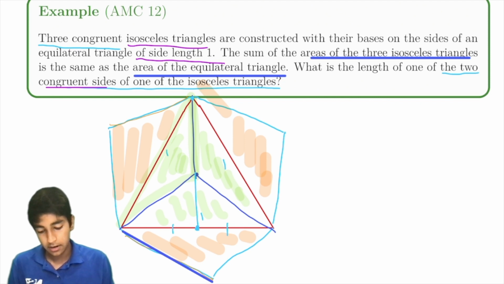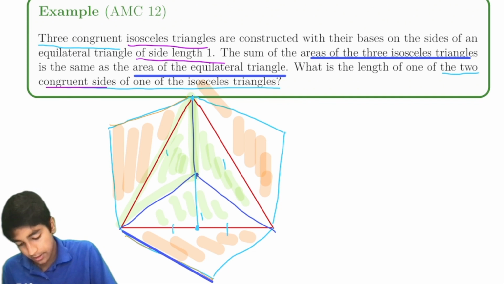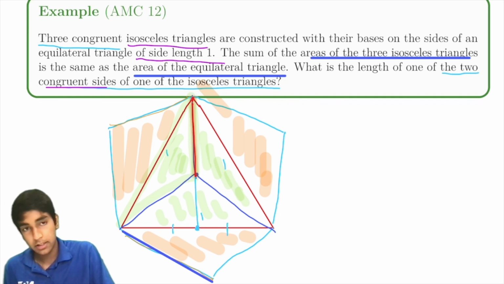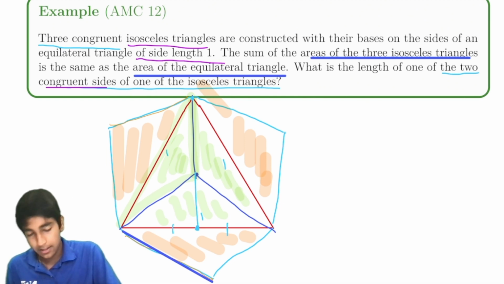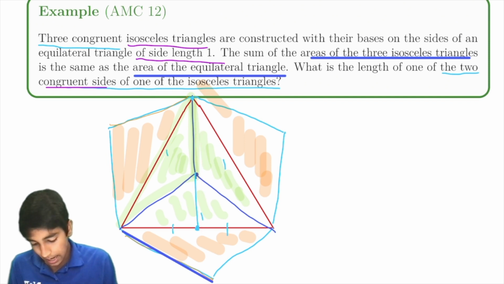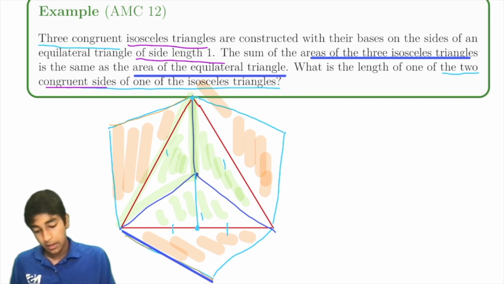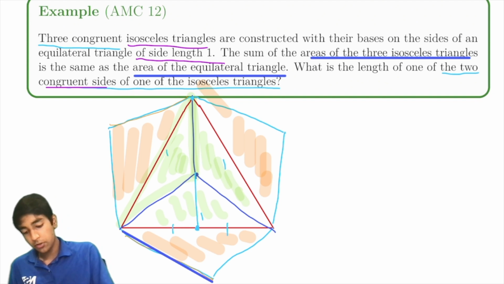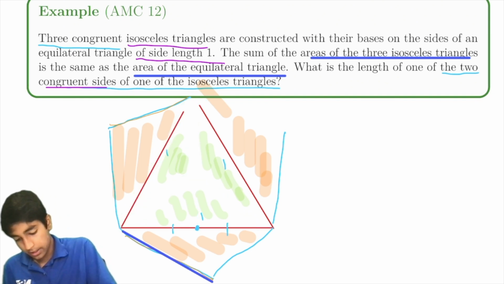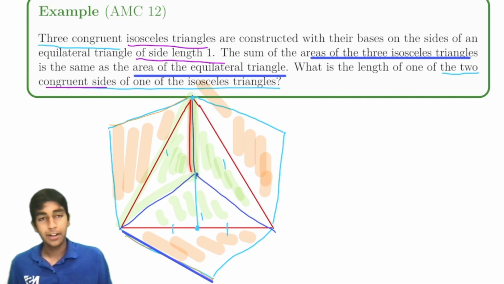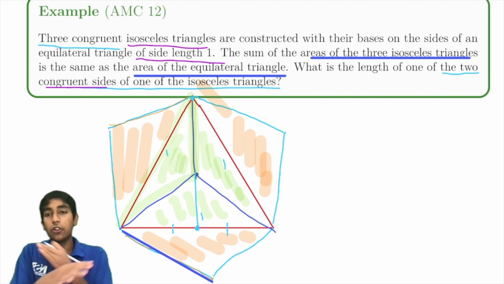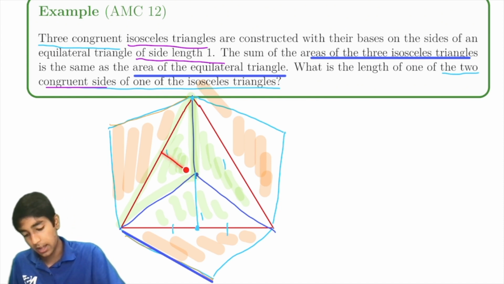And a cool property of equilateral triangles is that this distance from the point to the centroid is 2/3 of the median. So if this distance is 2/3 of the whole median, then all we have to do is find the median, and we would find that distance to the centroid. And the centroid is the intersection of the three medians to the opposite sides.